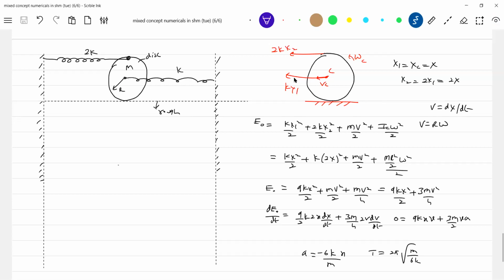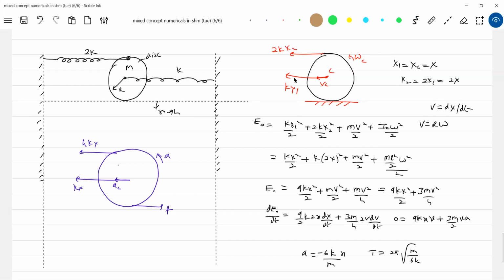So you go back to the figure. Let me just assume the friction here. It should be like this. Why 4kx? What is the spring constant here? 2k, no? And this is k.